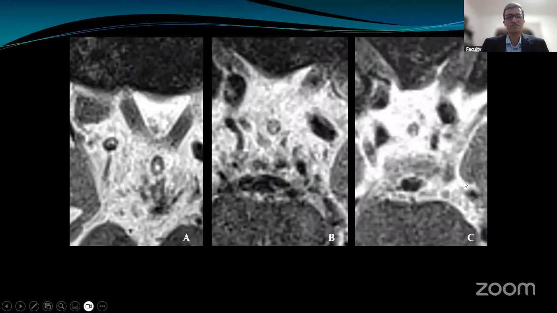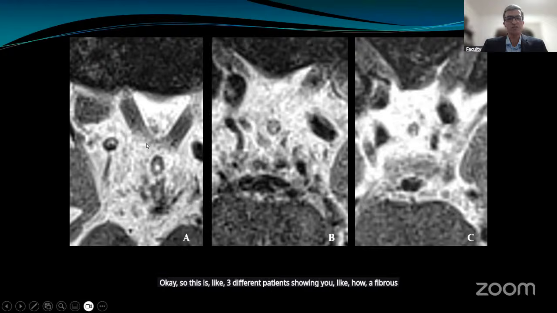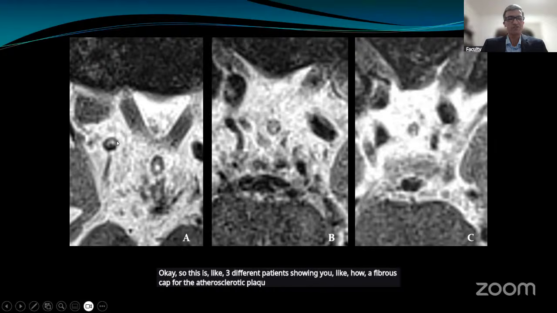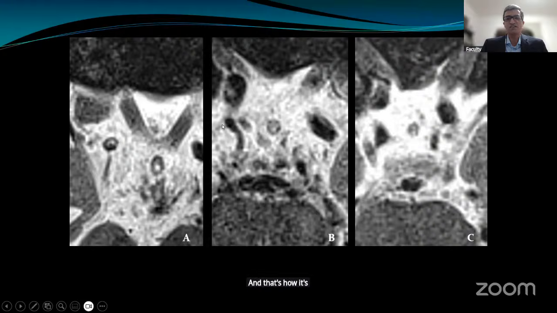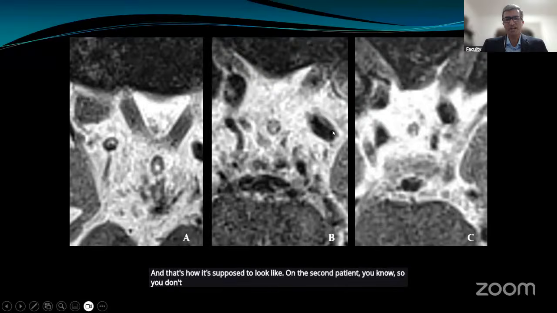Okay, so this is 3 different patients showing you how a fibrous cap for the atherosclerotic plaque looks. Image A on your left shows the bright line here. That's the fibrous cap, and that's how it's supposed to look. In the second patient, you barely see that bright line, right? So that means the fibrous cap is significantly thinned out.